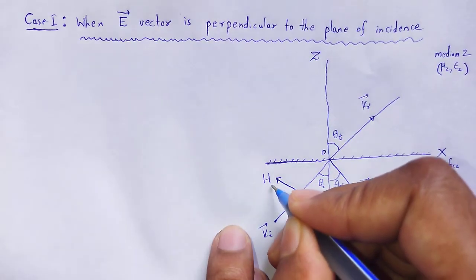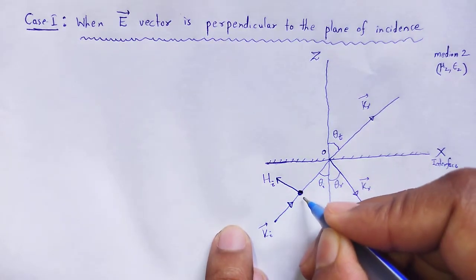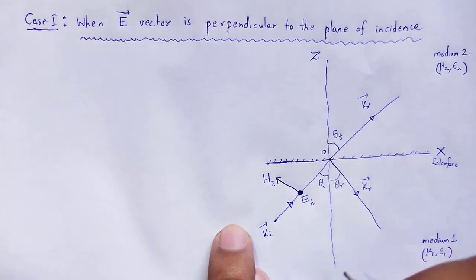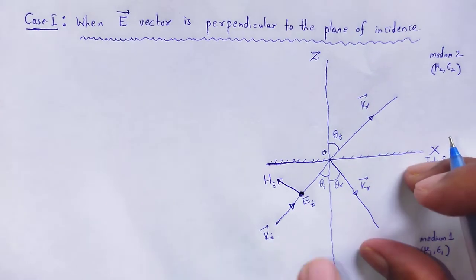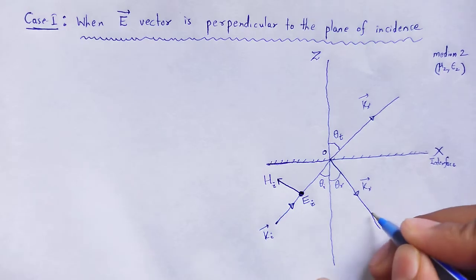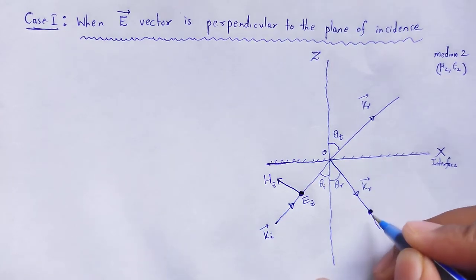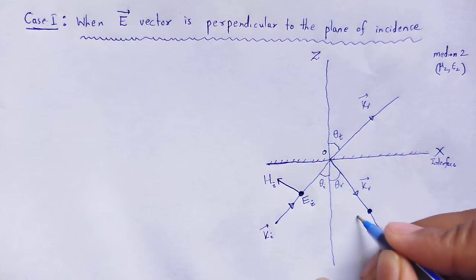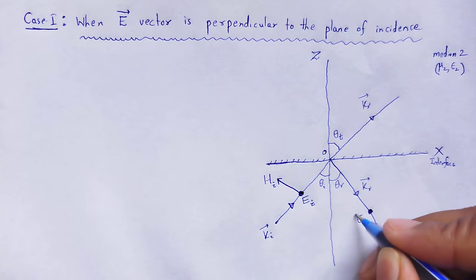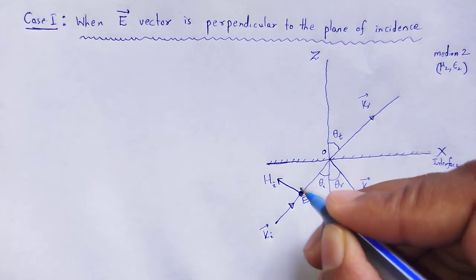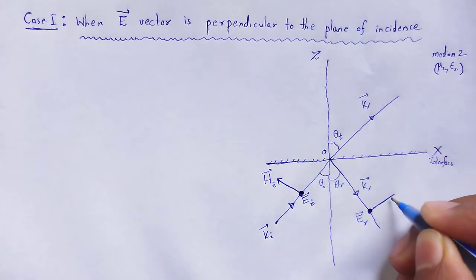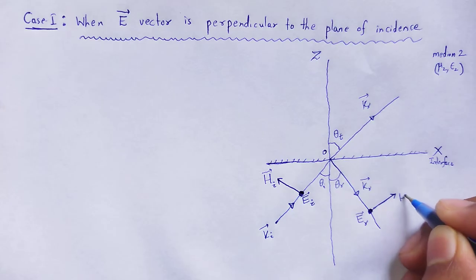For the incident wave, we call it HI. For the E vector, for incident, EI. Same for the reflected wave: this is ER, that is HR.